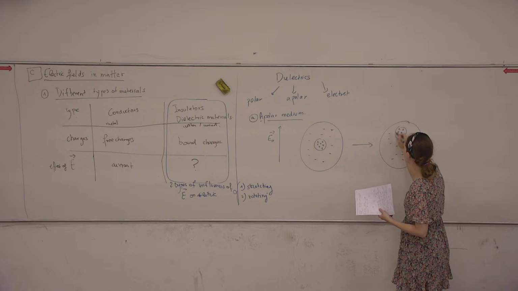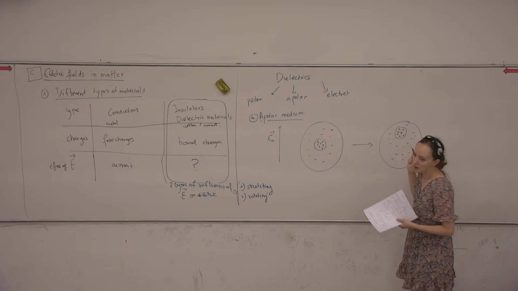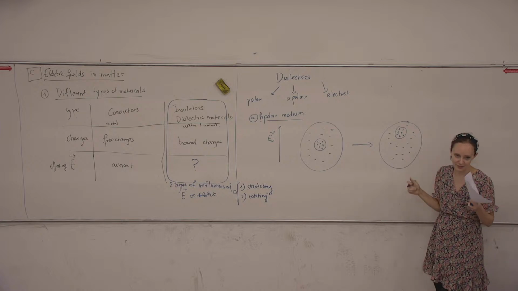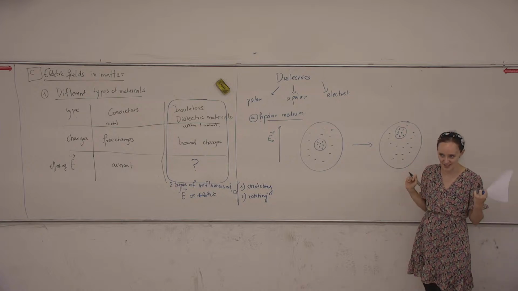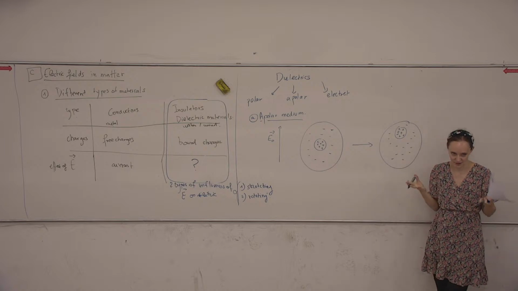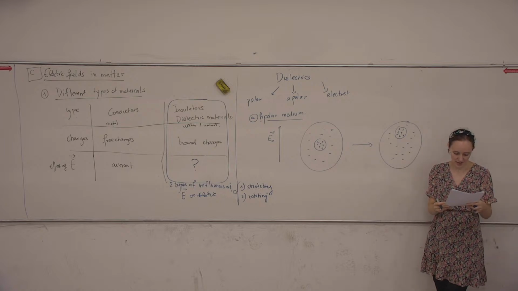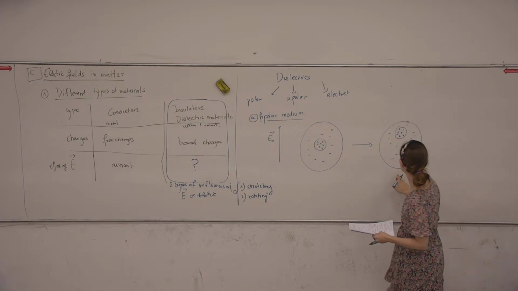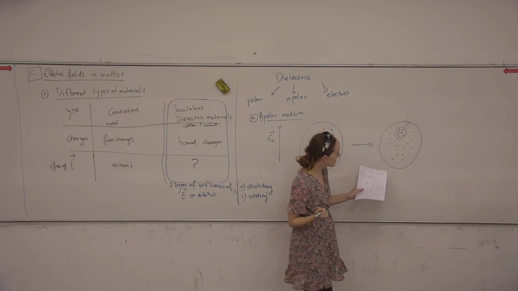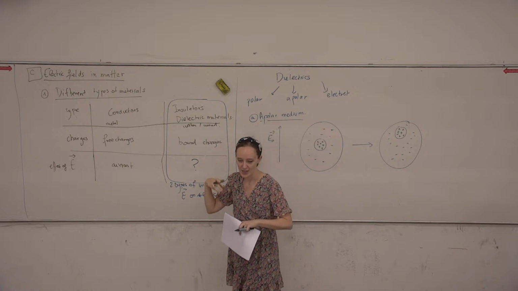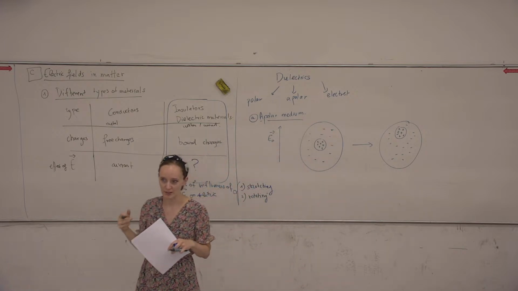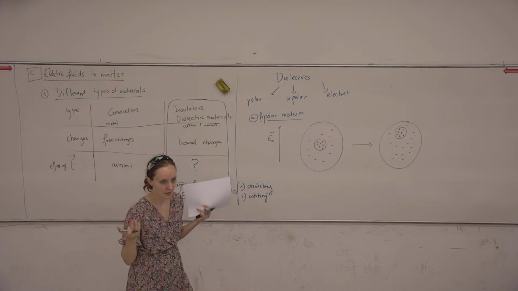I'm not saying exactly if stuff is moving. There will be a relative movement of the pluses against the minuses, right? You agree? And as a result of this, this situation where the pluses and the minuses are moving relative to each other is generating what? A dipole.